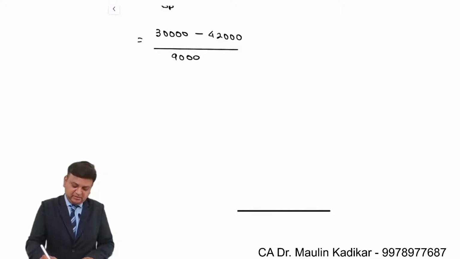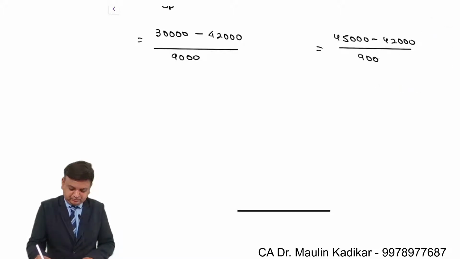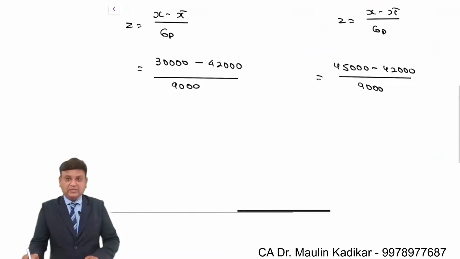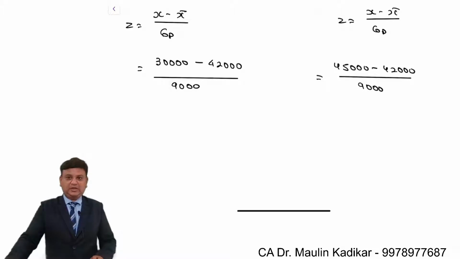Similarly, on the other hand, for 45,000, it is 45,000 minus 42,000 divided by 9,000. This is the way we have the values.